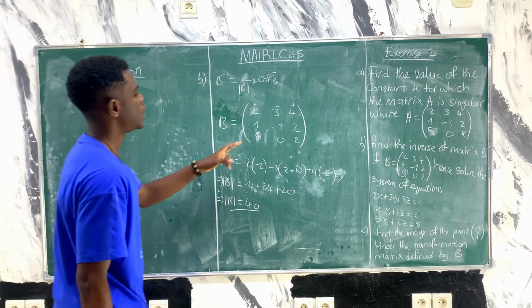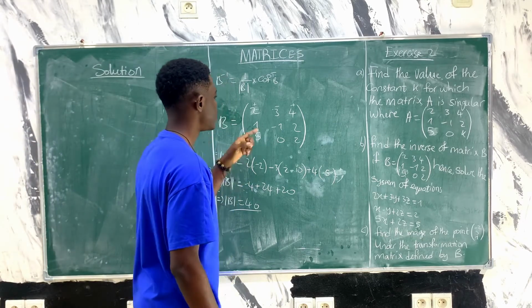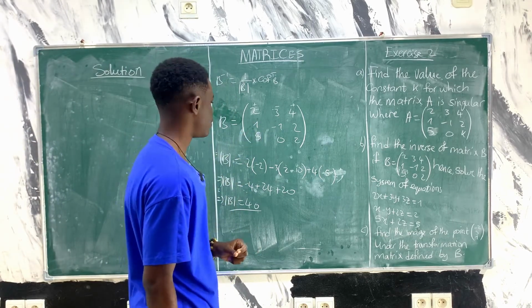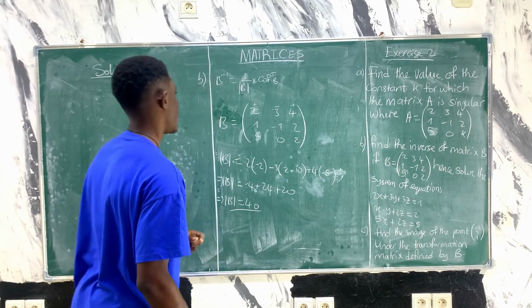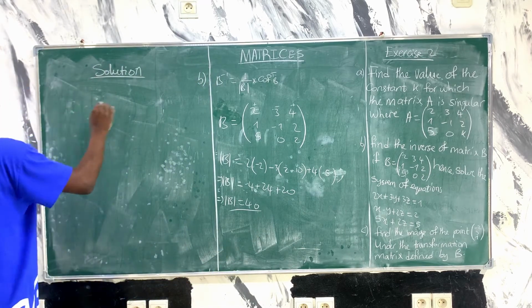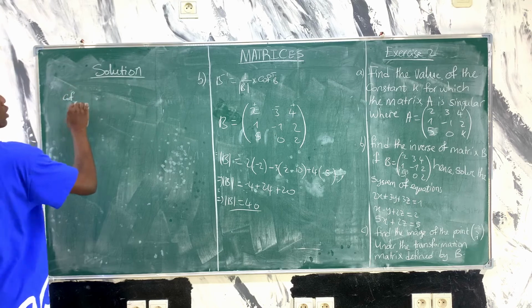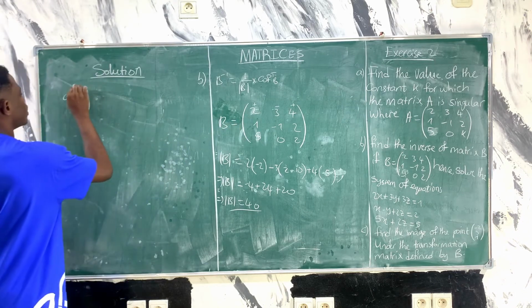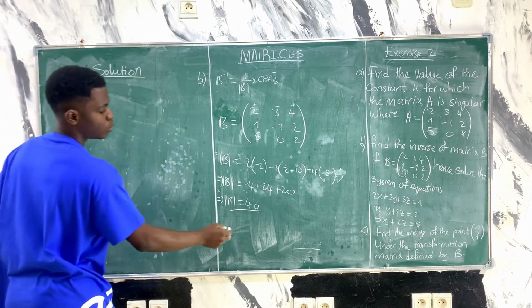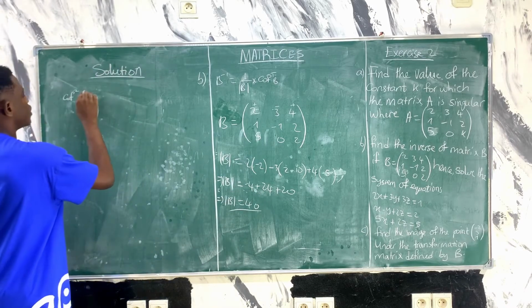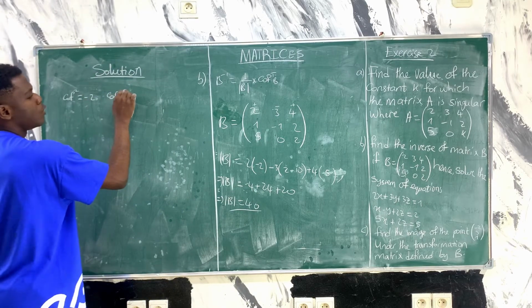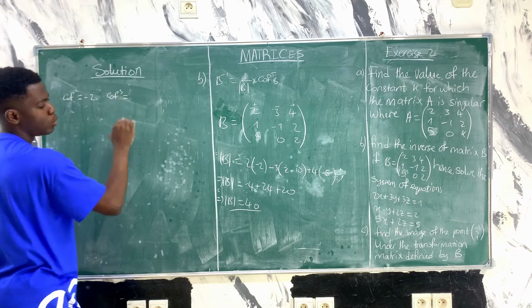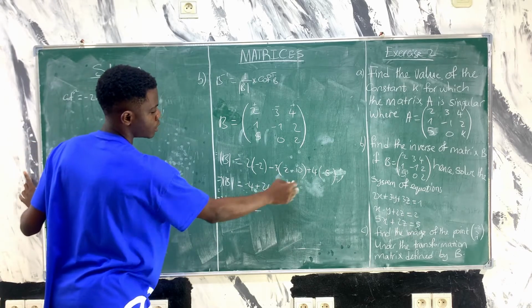So to find the cofactor of B, I'll have to find the cofactor of each of them, like we've been doing. I'll start with the cofactor of 2, which is equal to what is inside here, negative 2. Cofactor of 3 is equal to what is inside here, 2 minus 10, minus 8.